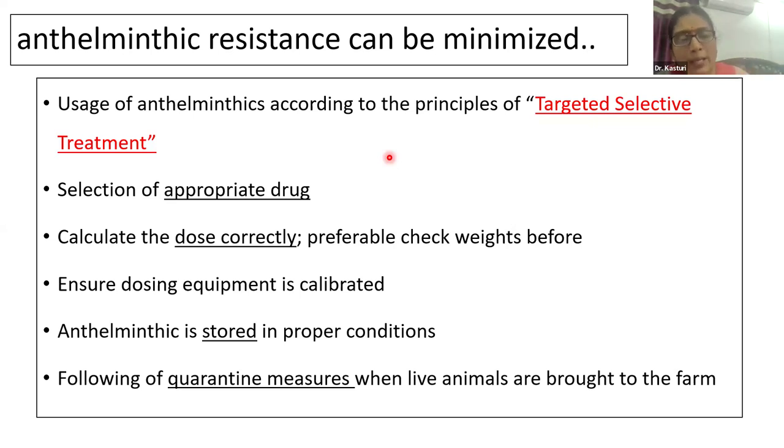After ensuring the animal is free from worm burdens, or if there are any worms, treating the animal, and after the treatment again going for the fecal egg count, only then should we introduce the animal into the farm. So these are certain measures that can be taken to reduce the emergence of anti-helminthic resistance in a farm.